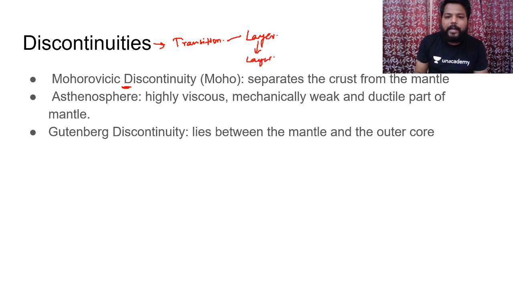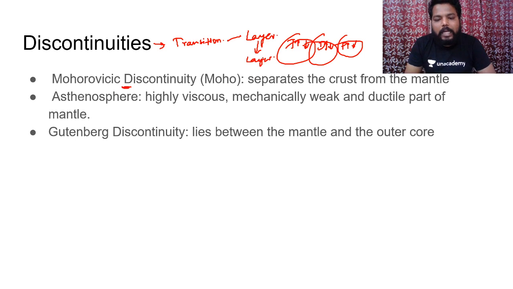In this zone, neither the temperature increases nor decreases, neither the density increases nor decreases, neither the pressure increases nor decreases. We would have constant rates of temperature, density and pressure while there is a transition from one layer to the next, and we experience these discontinuities.